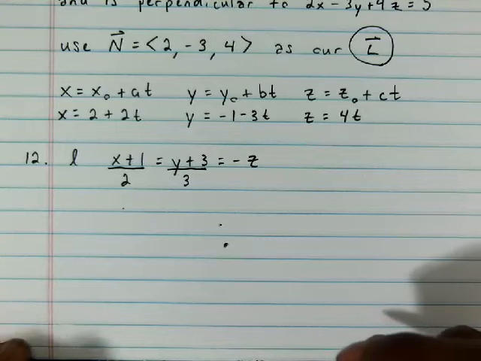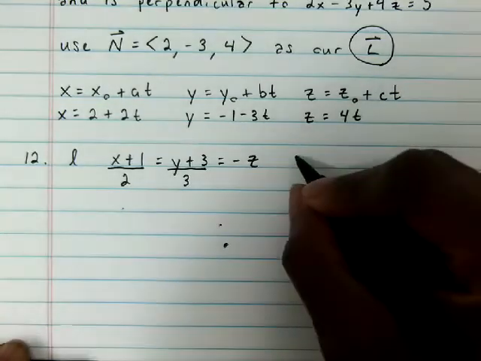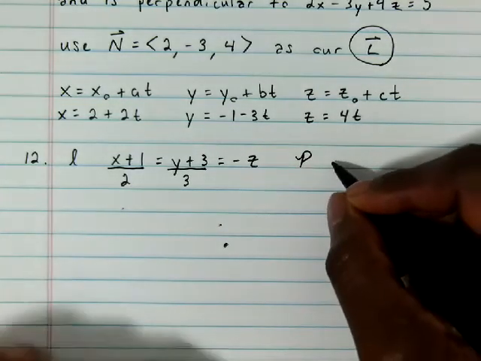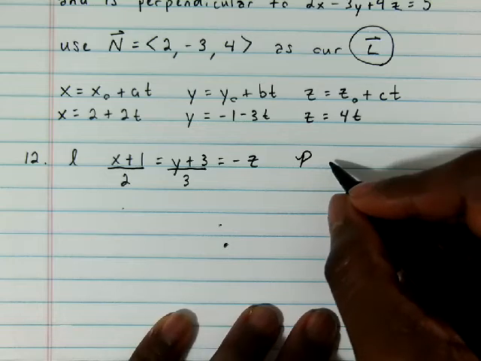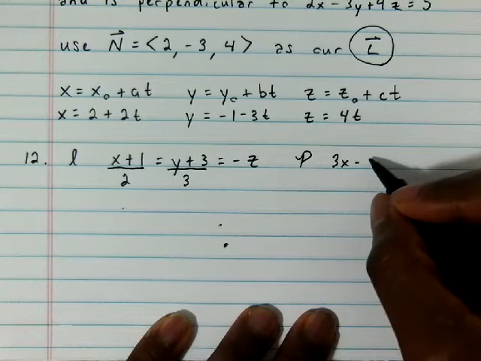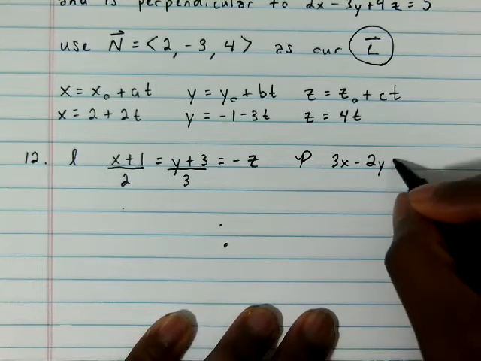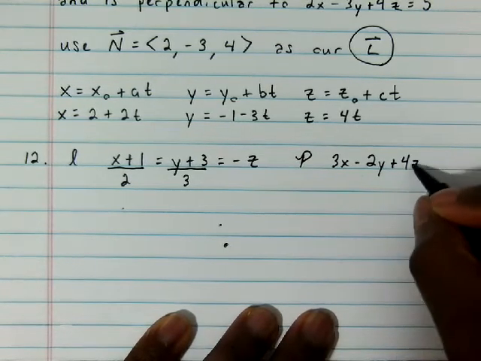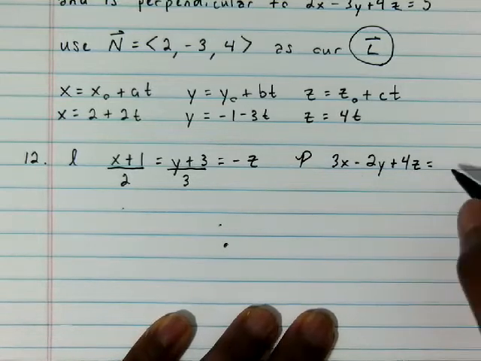And script P is the plane 3x minus 2y plus 4z equals -1.